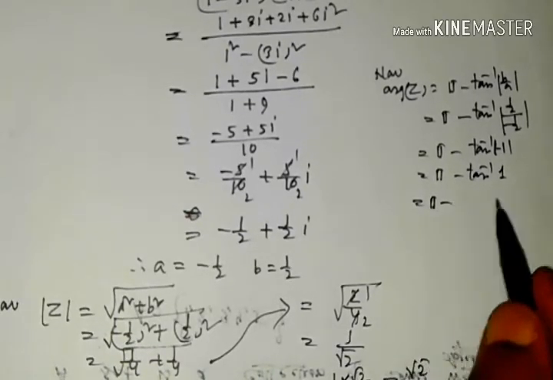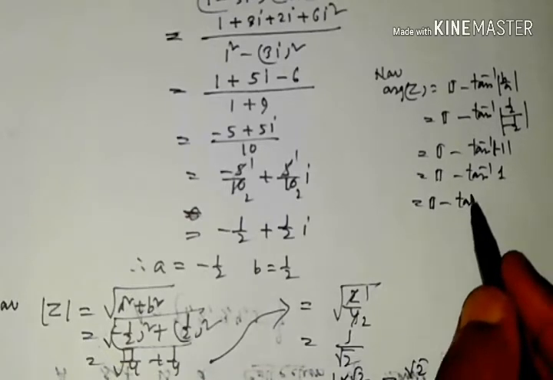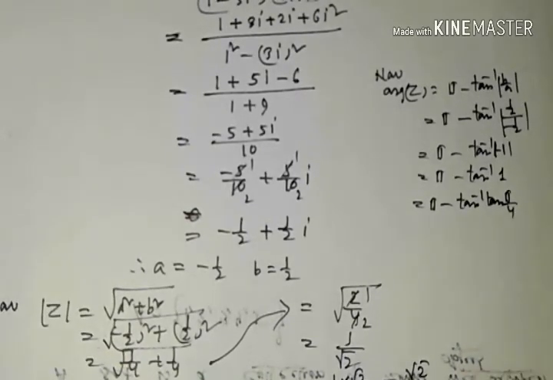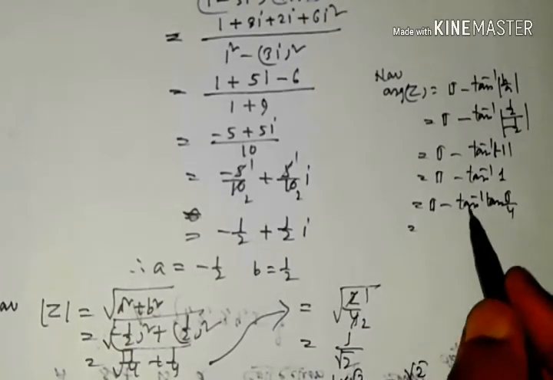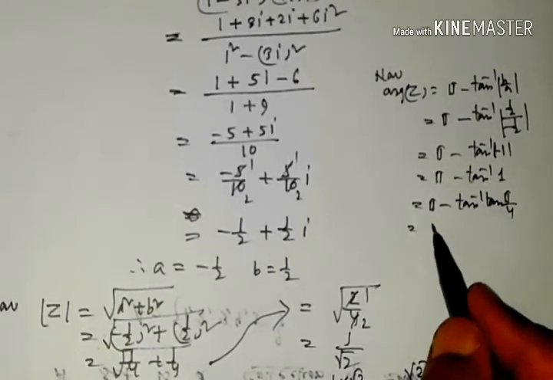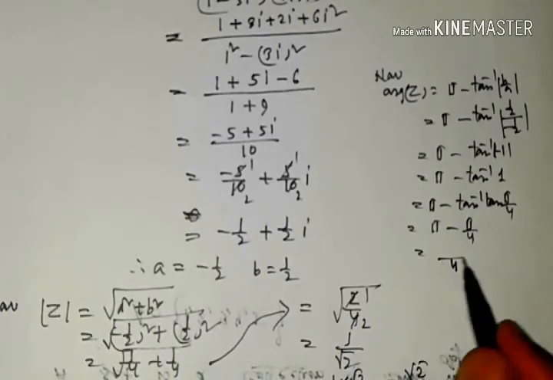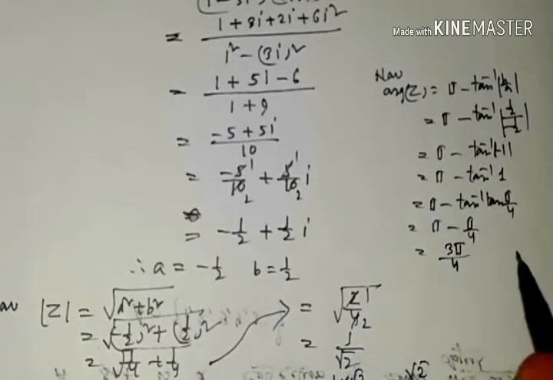Therefore pi minus tan inverse 1, that is pi minus pi by 4, which is 3 pi by 4.